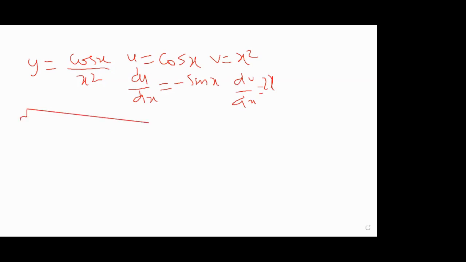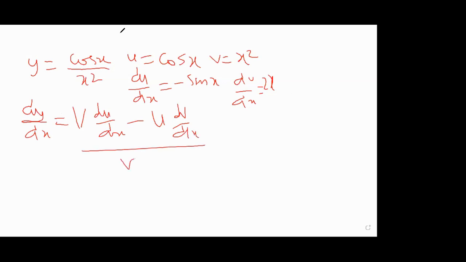We put in this formula: dy/dx equals v du/dx minus u dv/dx all over v squared. Our v is x squared.